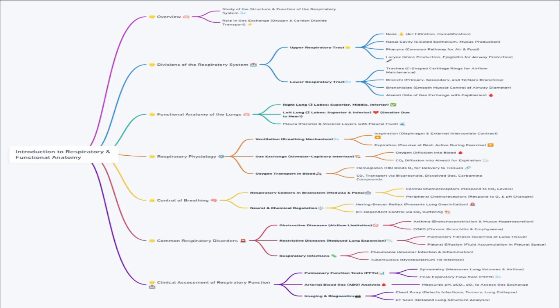That's the division of the upper tract, proximal to the larynx, and the lower is from below the larynx to the lungs. So from the trachea to the lungs, that's distal to the larynx, and the airways consist of the trachea, bronchi, and bronchioles.